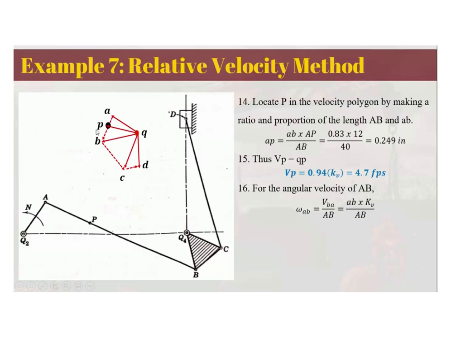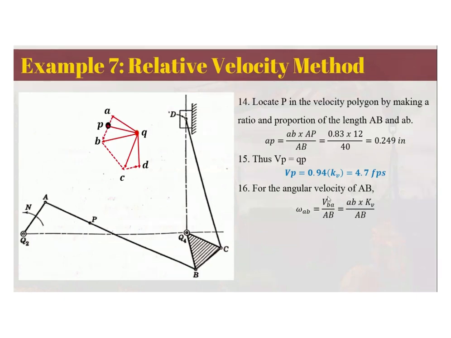Just measure this length here, the velocity of B with respect to A. Substitute it here, multiply it with the velocity scale, and then divide it by the actual length, which is AB. Basically, this is the formula, velocity of B with respect to A divided by AB.